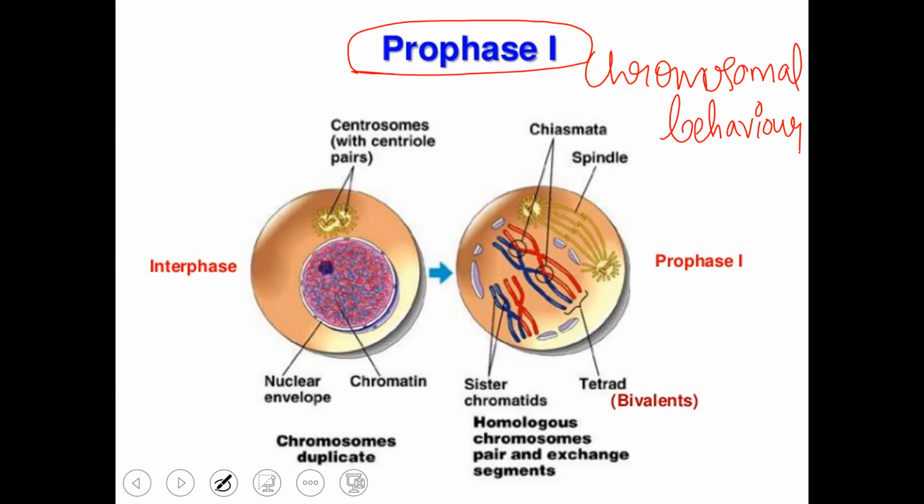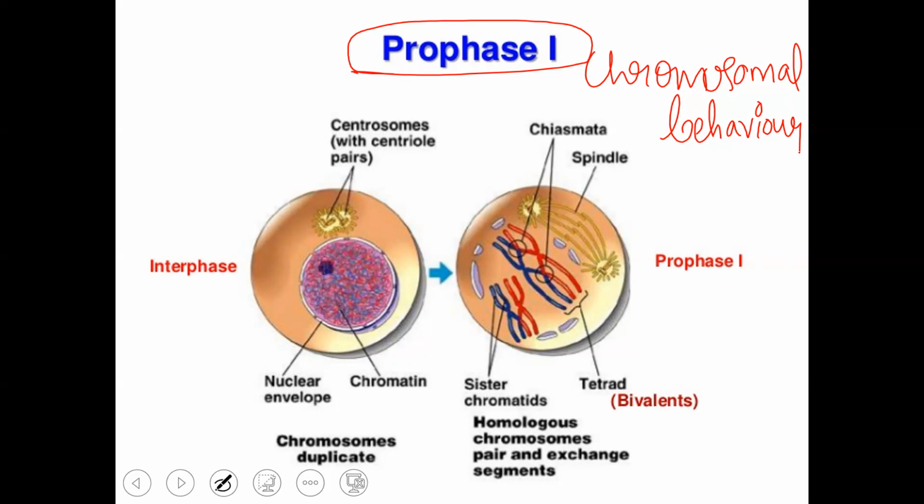Here, the chromosomes, in the first phase, undergo condensation and later may undergo crossing over. Recombination takes place between the homologous chromosomes, and an exchange of genetic material takes place, which plays a very important role. Hence, prophase 1 is a complex process and it is the longest process. It takes a lot of time to undergo the process of nuclear division.